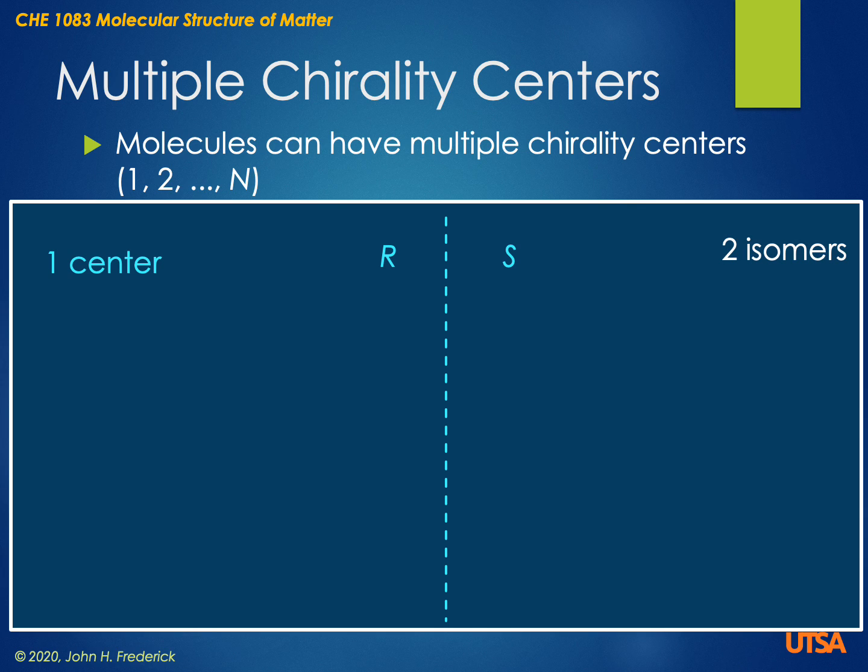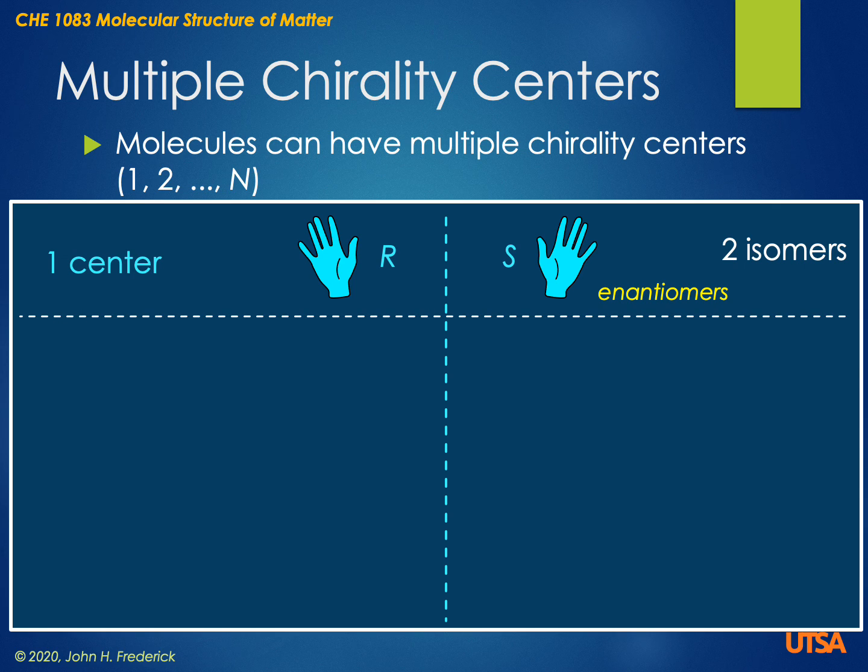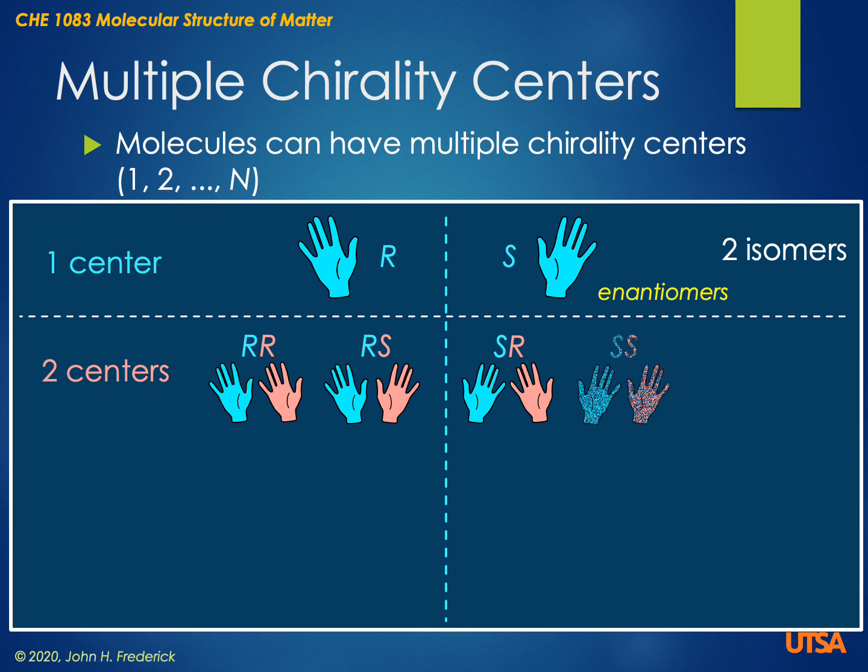So there are 2 isomers that are possible. These 2 isomers happen to be enantiomers. We'll give them hands. Now what if we have 2 centers? So now we can have 2 R's, we can have an R and S, we can have their mirror images, which would be an S and an R, or we could have 2 S's. So there are a total of 4 different isomers.